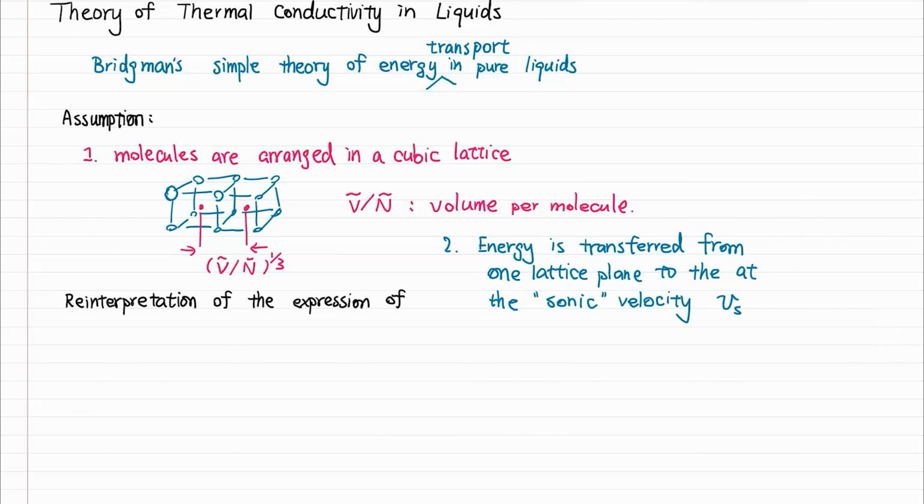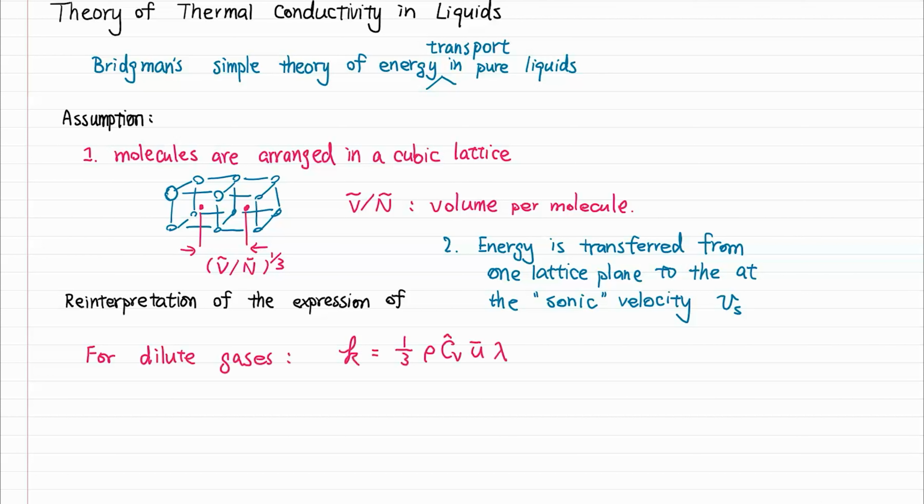So let's recall that for dilute gases, the thermal conductivity k equals 1/3 times the density times the constant volume heat capacity times the molecular mean speed and the mean free path.